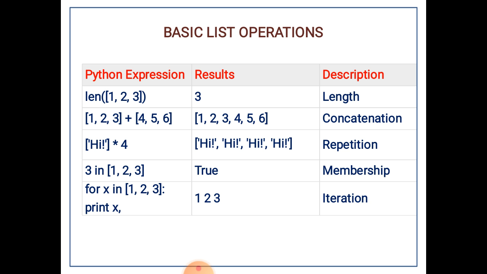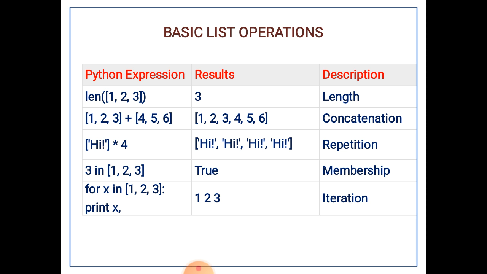So the answer is true because 3 is the third element in that list. So the in operator gives us a result. If found, it gives us true as the answer. If it is not found, it gives us false. So in is called the membership operator, whether the element is existing in that list or not.